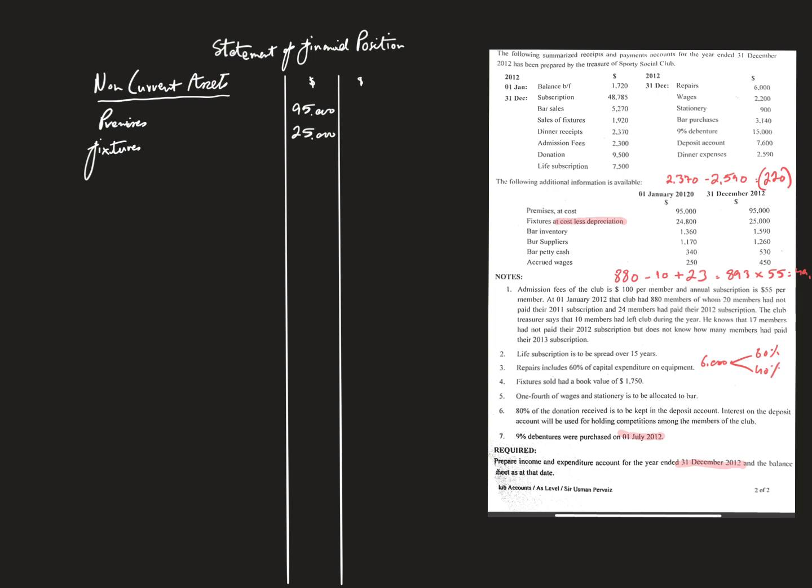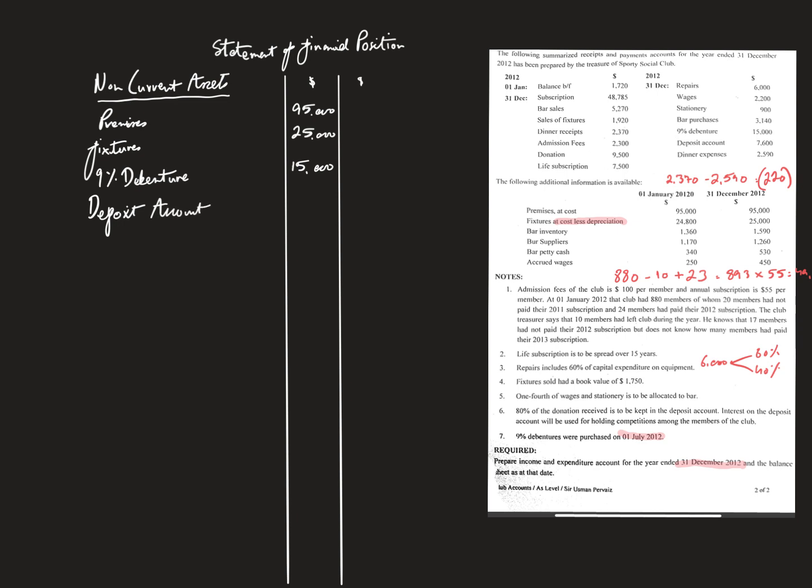Then any other non-current asset. Yes, 9% debenture is my non-current asset. Kitna hai 9% debenture? 15,000. Then I deposited some amount in the deposit account from the donations.